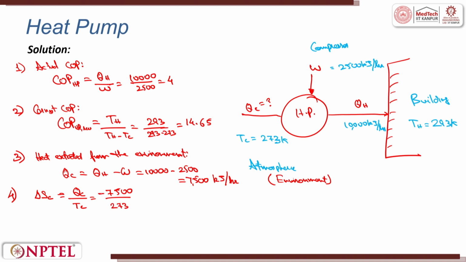I will put minus here because here the work is entering into the system. This is equal to minus 27.47 kilojoules per Kelvin hour.